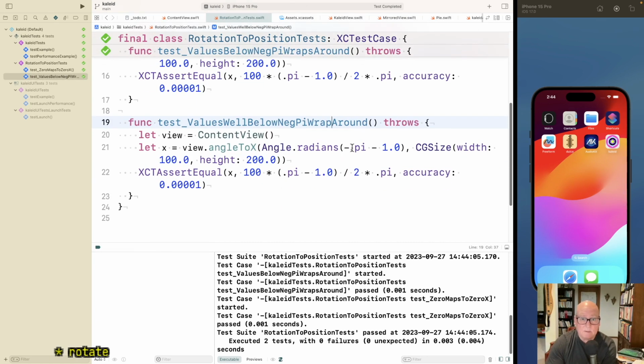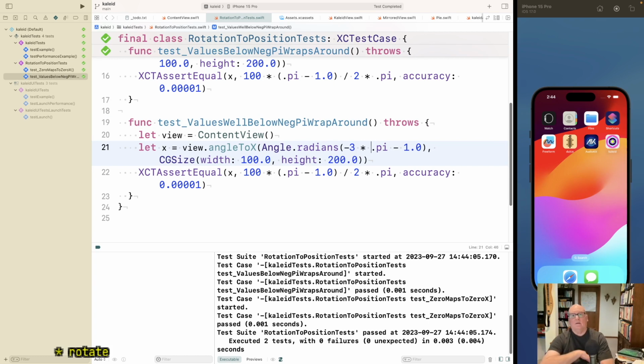Okay, so let's make this minus 3 pi. Okay, so that's sort of an extra wrap, right?